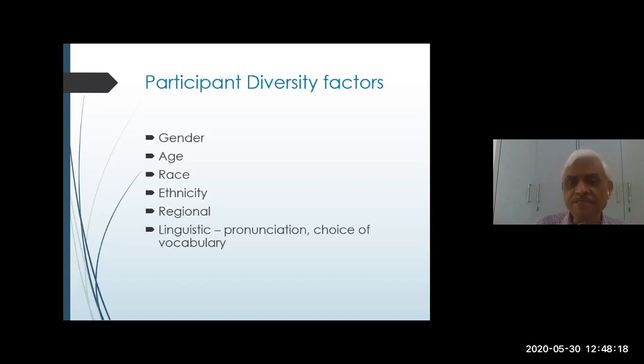For example, in linguistic diversity, one of the key issues you will find is the way people pronounce things. So pronunciation and the choice of vocabulary become very important. One of the Americans who was doing a program came in and started talking to the people for about half an hour, only to get a sense of what people are saying and how they are saying it.